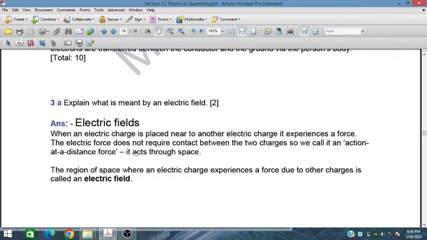The electric force does not require contact between the two charges, so we call it an action at a distance force. It acts across space. So the region of space where an electric charge experiences a force due to other charges is called an electric field.